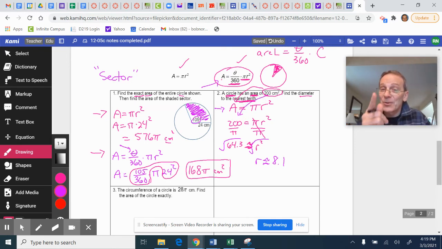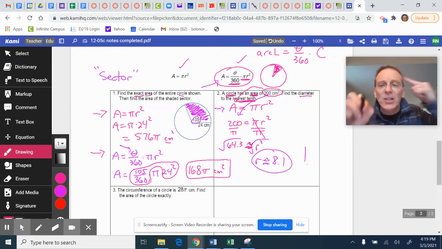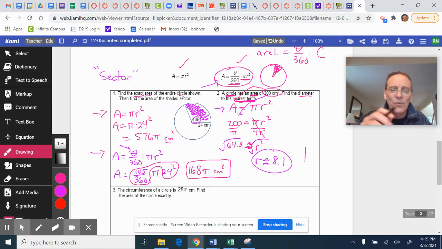You go, I put the 200 in the right spot. I didn't put it in for the R, put it in for the A, and you're feeling really good. And you say to yourself, now all I got to do is some algebra here to solve for R. So you solve for R, you're really confident you've done everything right. You're so happy, you circle that. In your mind, you're thinking, exclamation point, I got that one right, and you move on to the next problem.